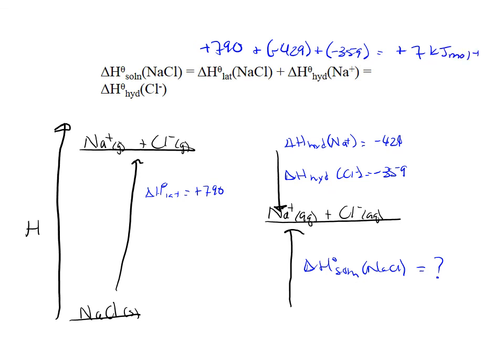Now, if you look at section 19, table 19 in your data booklet, it actually gives you values of true aqueous solutions, and sodium chloride has a positive 3.88. We're off by a lot, so you could actually be asked to calculate your error, right? And give reasons why it would be so off.